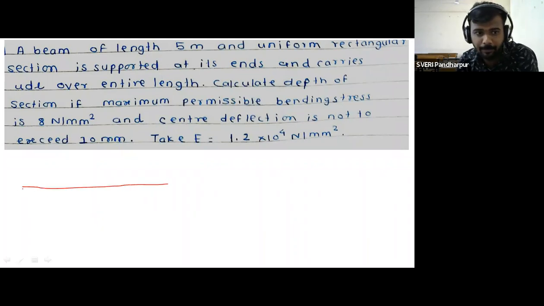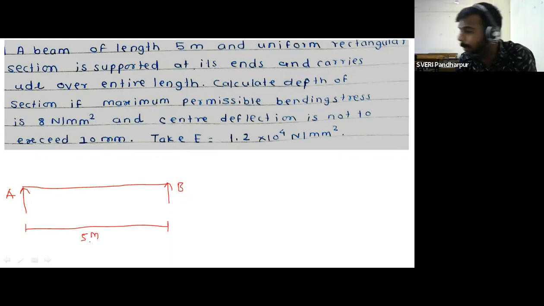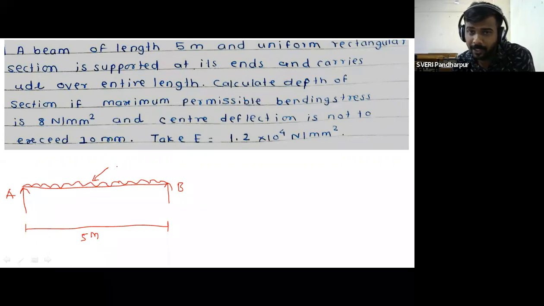So this is the beam which is supported at the two ends, that is A, B. Total length of beam 5 meter. It is subjected to UDL on entire span. Whether value of UDL is given, it is not in the statement.